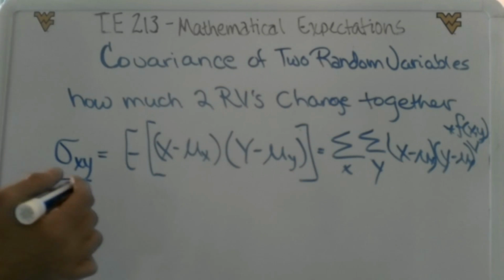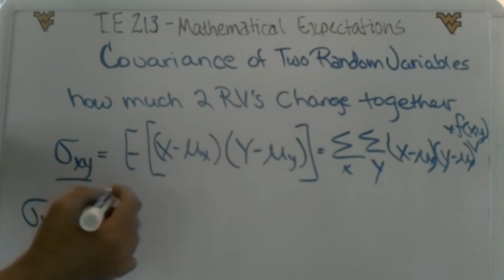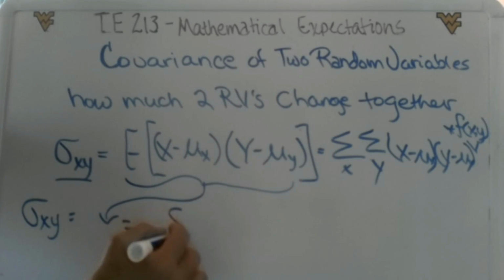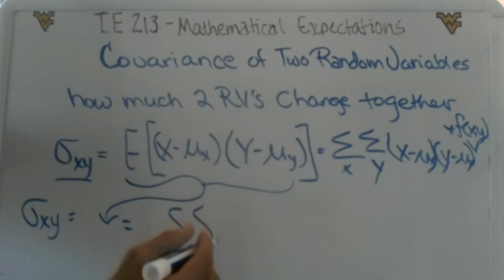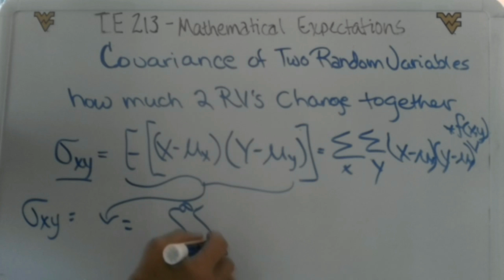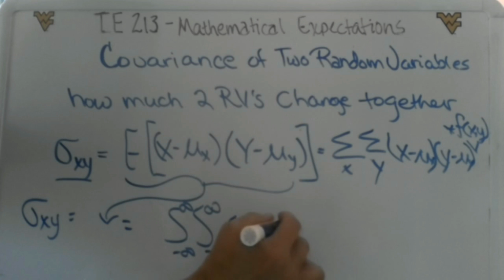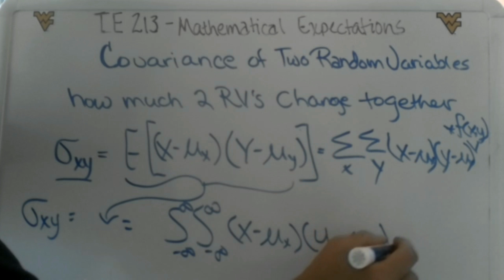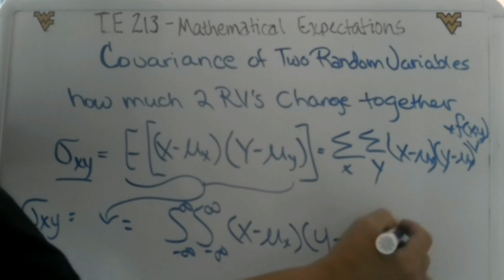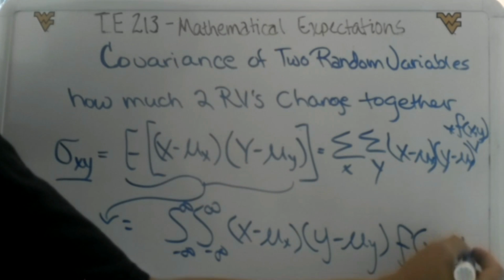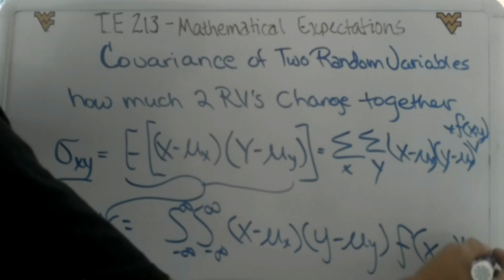So the covariance would equal the integration of both x and y from minus infinity to infinity of x minus mu x times y minus mu y times f of xy dx dy.